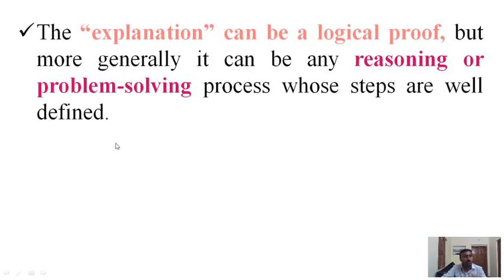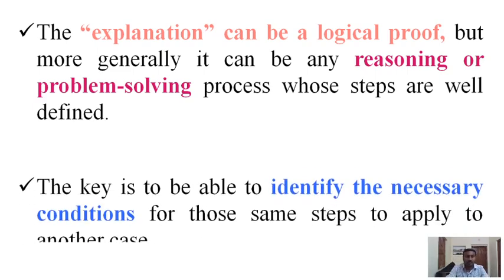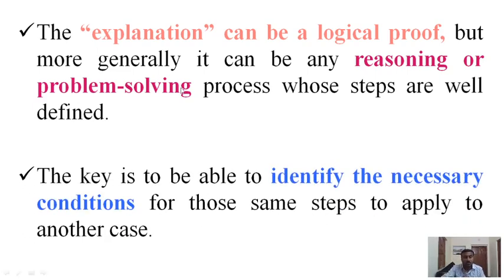So in the problem solving environment, the logical proof is provided in well defined steps. The key is to be able to identify the necessary conditions for those same steps to apply to other cases. So you want to identify the necessary conditions to apply to any other cases, which is nothing but finding a formula.